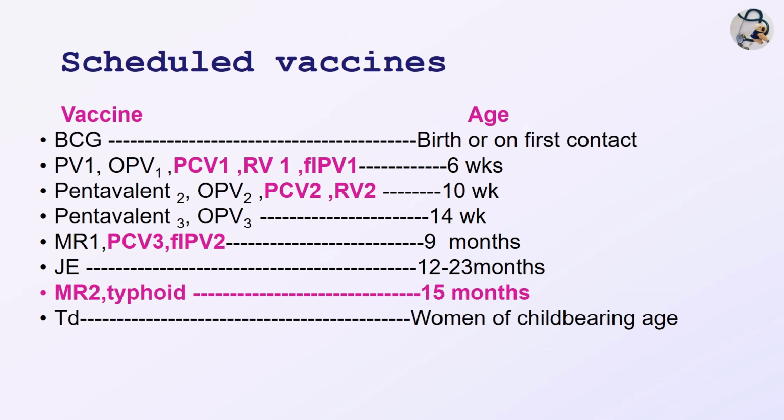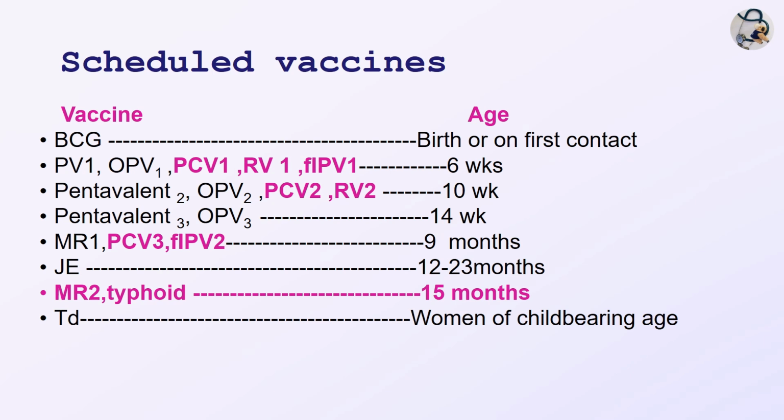This is just a schedule designed. Many developing countries follow this vaccination. BCG is given at birth, then pentavalent vaccine, oral polio vaccine, pneumococcal vaccine, rotavirus vaccine, and fractionated IPV, that is the polio vaccine, at 6 weeks. Pentavalent second dose, OPV second dose, pneumococcal second dose, rotavirus second dose at 10 weeks. Pentavalent third dose, OPV third dose at 14 weeks.